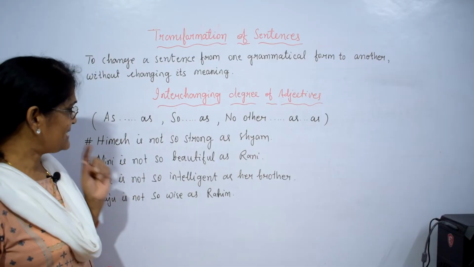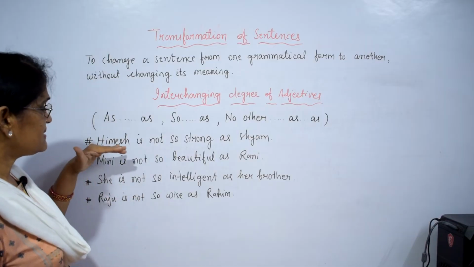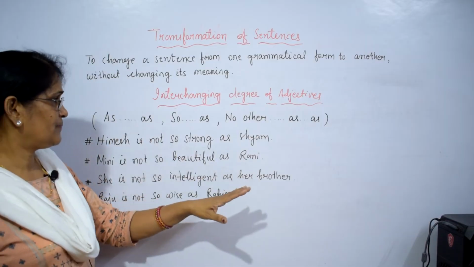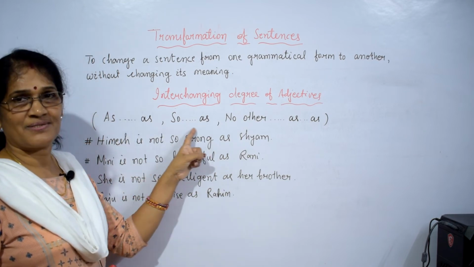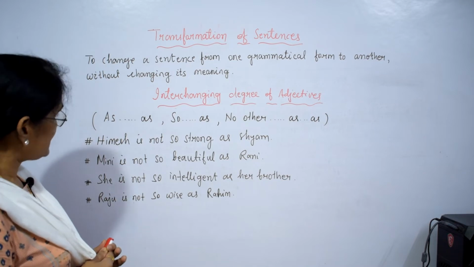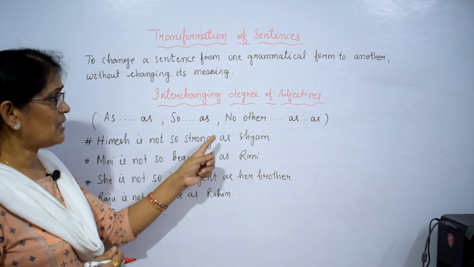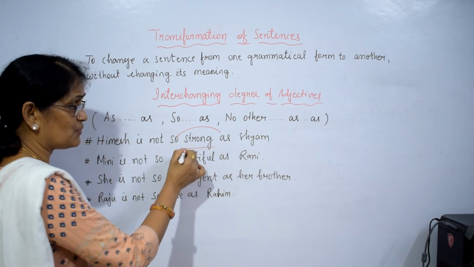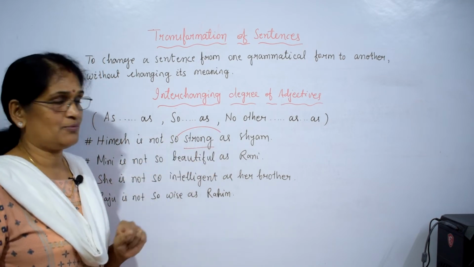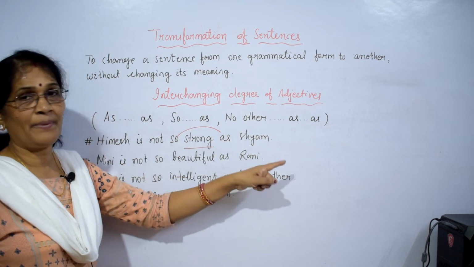Okay, let's learn how to change the sentences into another without changing its meaning, where you use so...as. Himesh is not so strong as Shyam. Strong is the adjective; we have to focus on the adjective and change that to comparative degree.